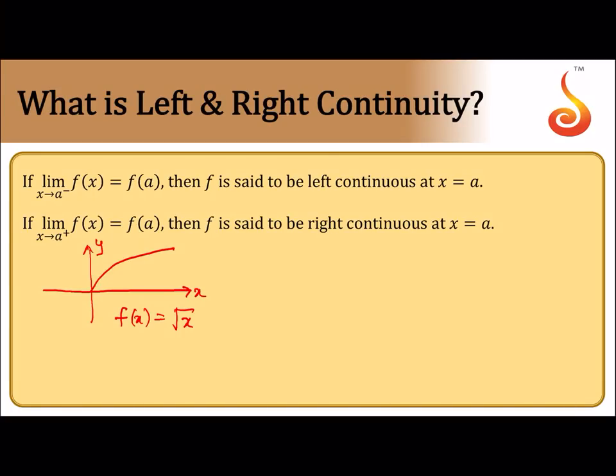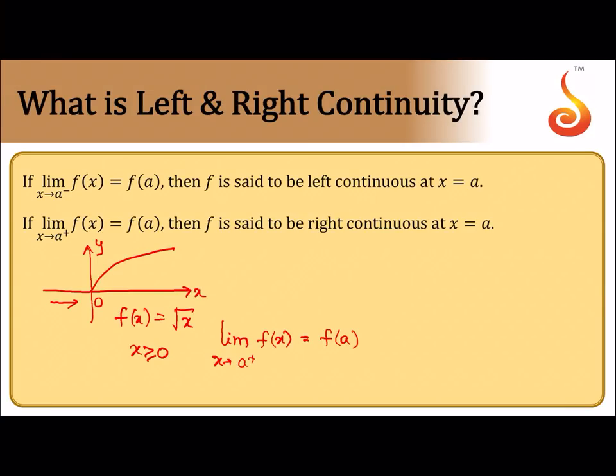This is the graph of f of x equal to root x. This is the x-axis and this is the y-axis. What do you observe at 0? There is no function defined to the left. What is the domain? x is greater than or equal to 0.